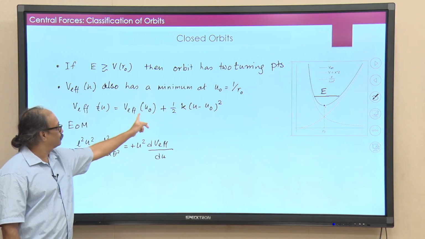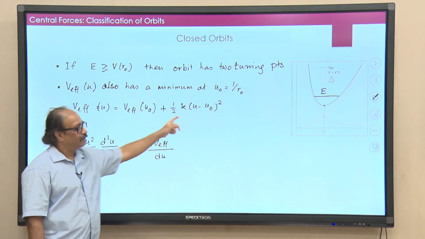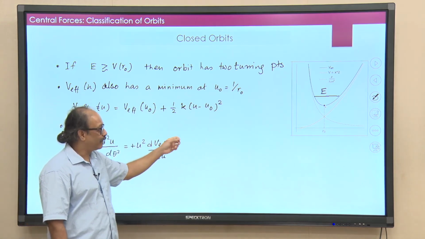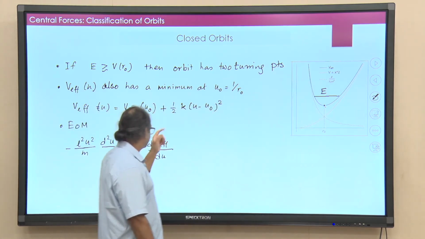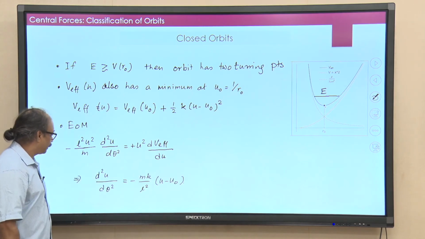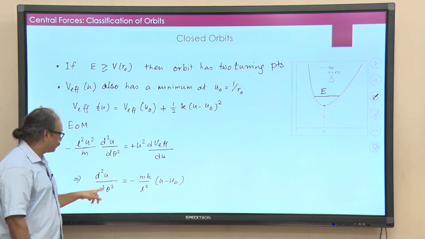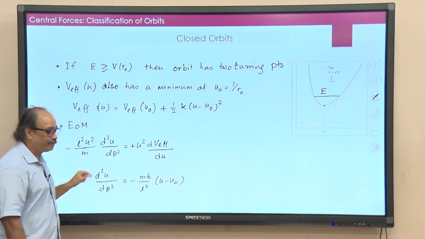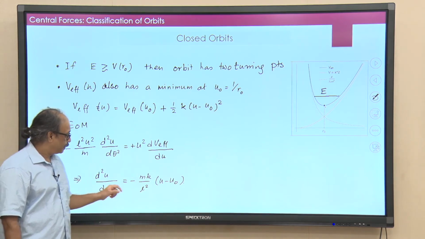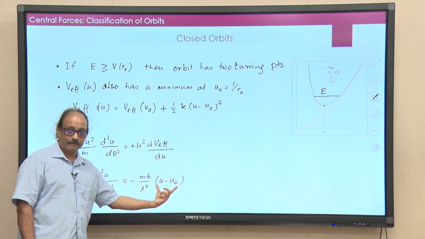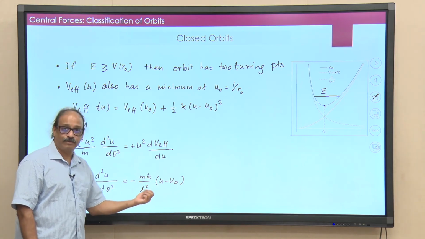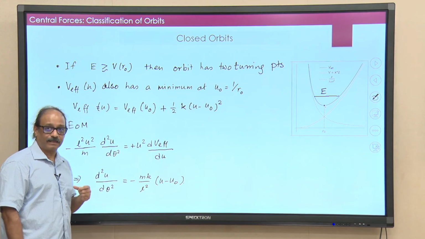I am going to substitute this form, which we already know is valid in the neighborhood of u naught. If I substitute that here, what I get is u double prime equal to some constant into u minus u naught, that is, a deviation from u naught with a minus sign.